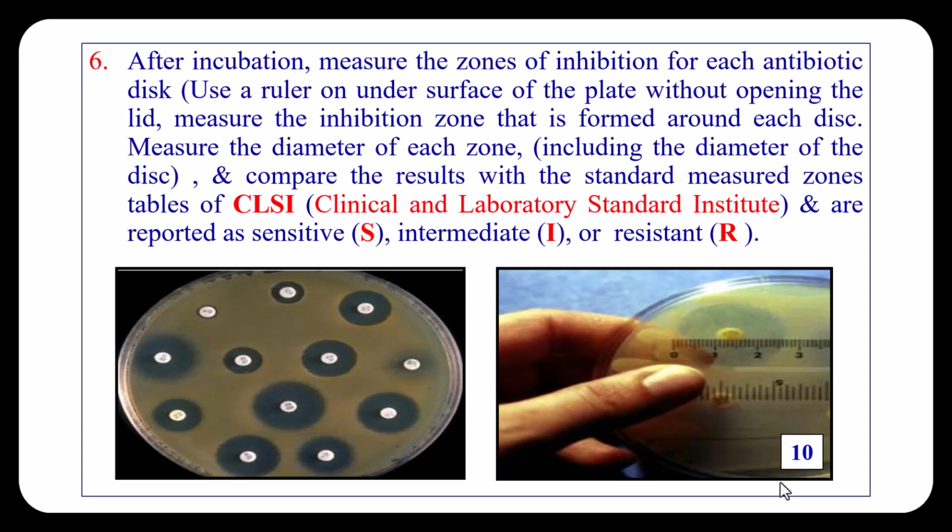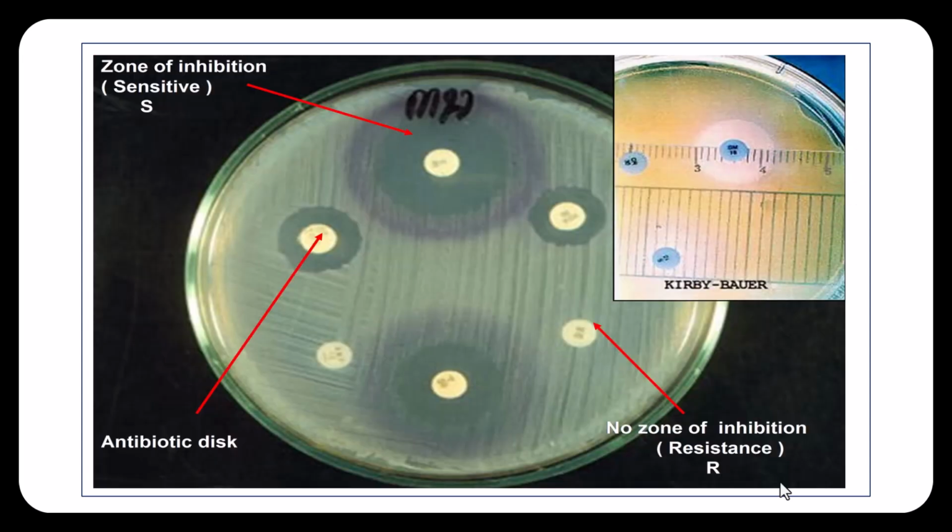We should measure the entire diameter of a clear zone, including the disk. For example, in the image you can see one disk shows a large clear zone, which indicates susceptibility, whereas another disk shows no clear zone, which indicates the resistance of the microorganism.